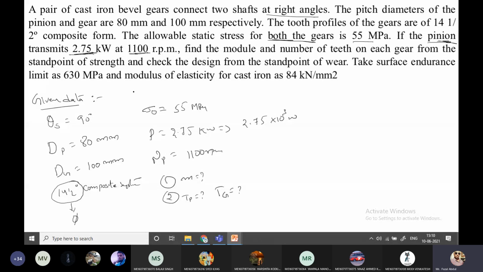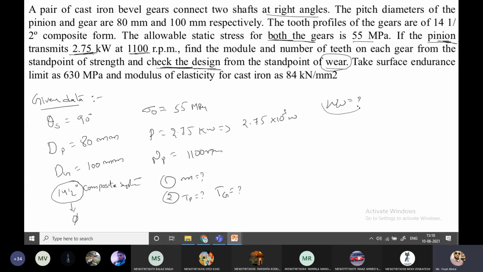The question is asking from the standpoint of strength. Additionally, it asks to check whether the design is safe or not. So check the design from the standpoint of wear condition. It means only the value of WW needs to be calculated.